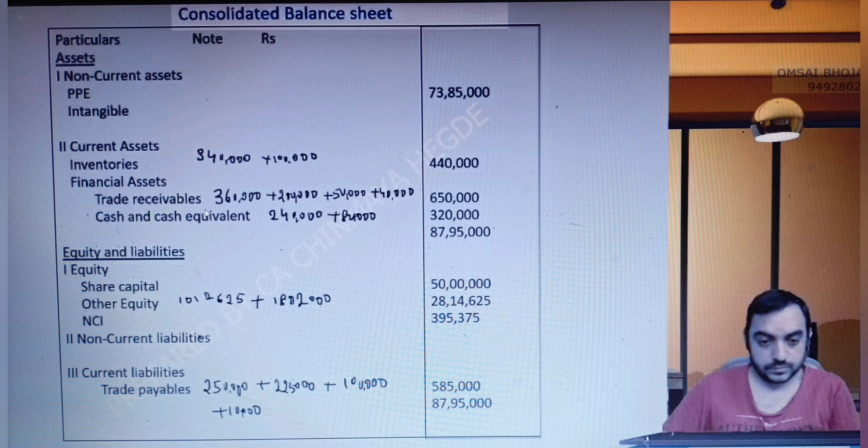Then you have plant and machinery also, which has no adjustments: 20 lakh, 8 lakhs, 28 lakh. So what is the total? 39.50 plus 6.35 plus 28 lakh, 73 lakh 85,000.